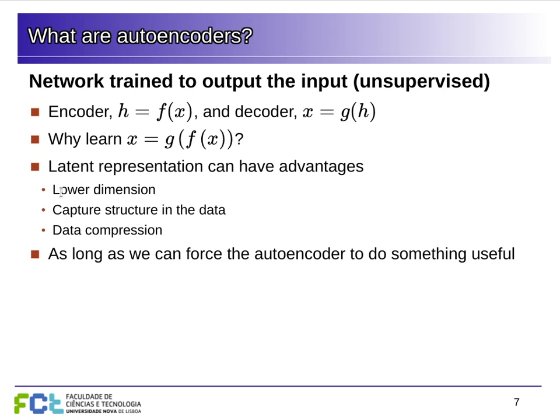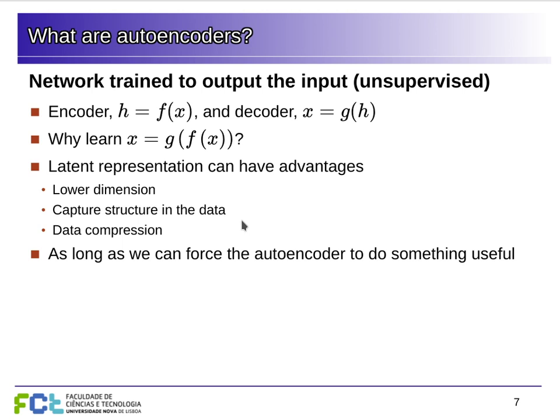For example, it can have a lower dimension than the original data. If we can squeeze the data into a lower dimension and still have an encoding from which we can retrieve the original data, then we are capturing some structure of the data and projecting it into a lower dimension without losing much information. So in general, we may want to capture some structure of the data, maybe for data compression, for feature selection, something like that.